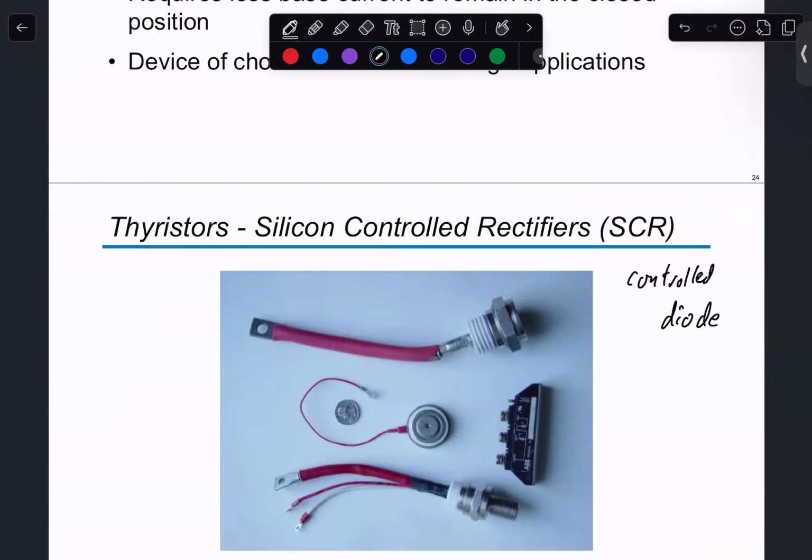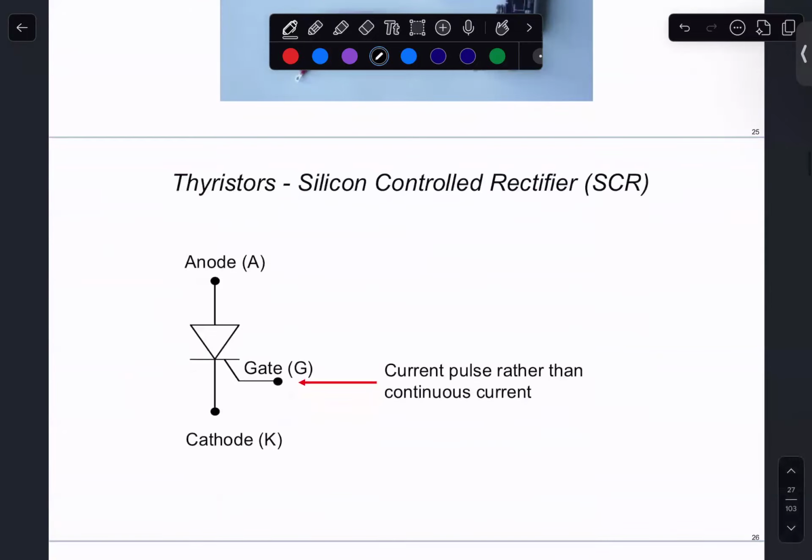With the thyristor, we now ask: can we control when the diode turns on? We draw this as a diode with a gate. If we apply some current pulse to this gate, then this device will start to conduct.